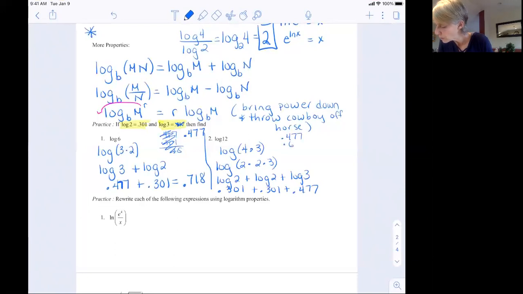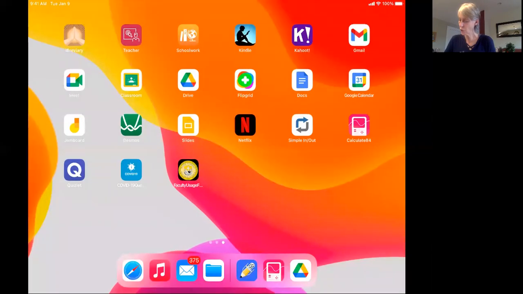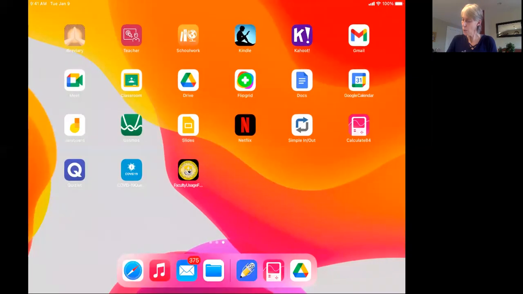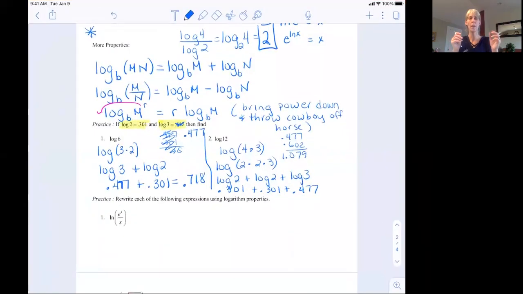It should be 1.079. Let's try it and see what we get. Knowing me, it'll be wrong. Nope, we got lucky this time, 1.079, okay? But really, all I wanted to show you, because now we're going to do this with x's and y's and stuff that might not make sense to you, is that log properties do work, they do make sense.